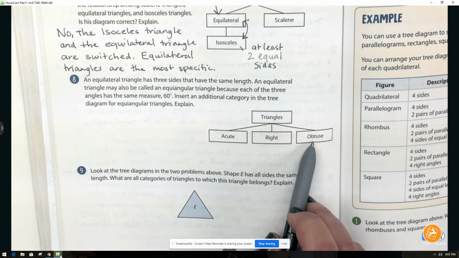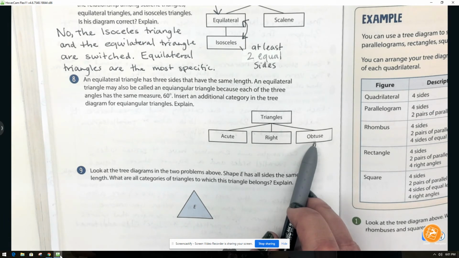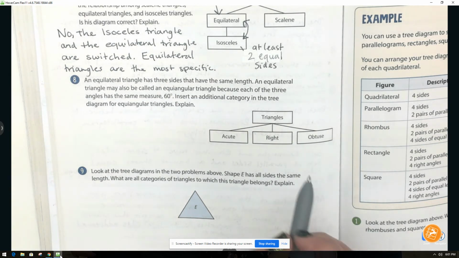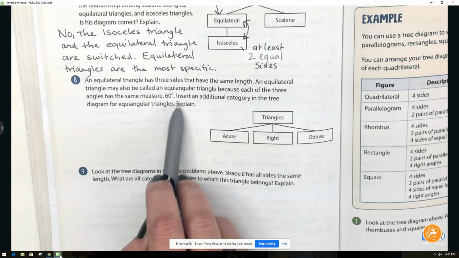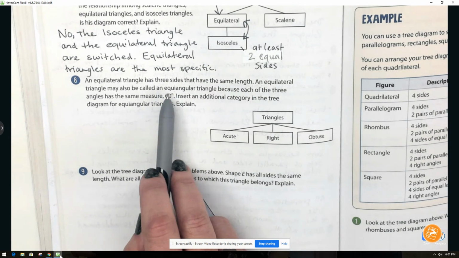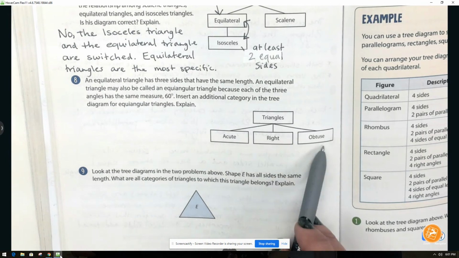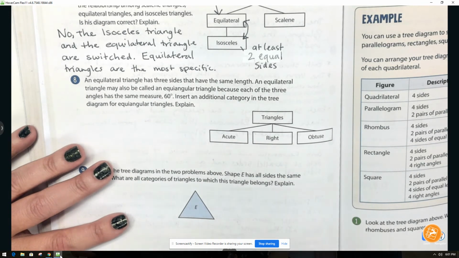And then an obtuse triangle has one angle that is greater than 90 degrees. So there's one that's much larger. So if we're looking at trying to find a triangle that has all three angles that are 60 degrees, meaning less than 90, would it be acute, right, or obtuse? That's right. It would be classified as an acute triangle.